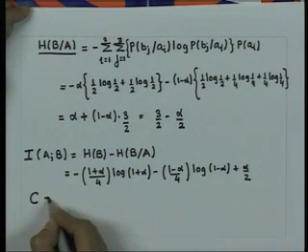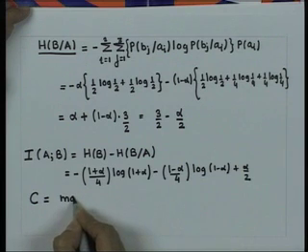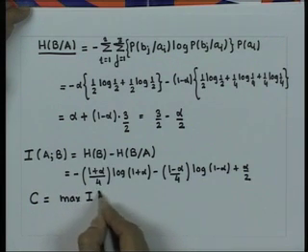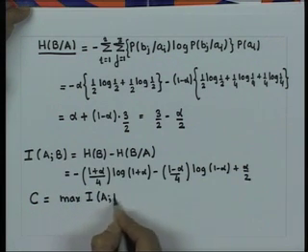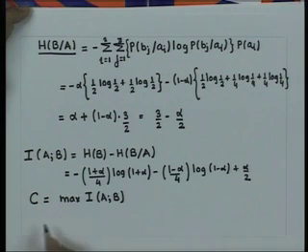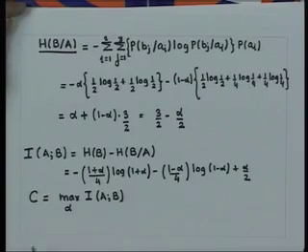Now, channel capacity is the maximum of I(A;B) over P(Ai), which is equivalent to maximum over alpha.